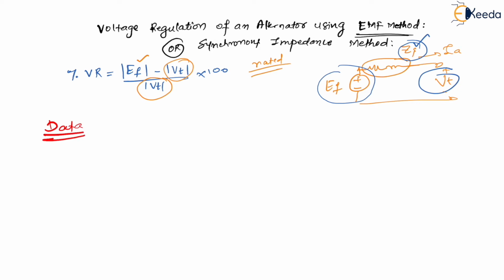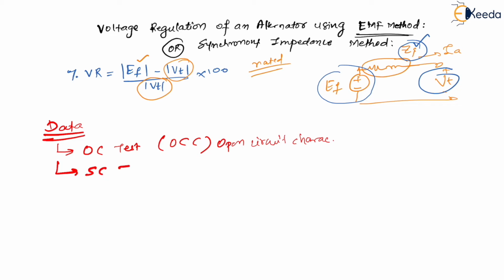First, the OC test data, the open circuit characteristic, OCC. The second thing we need is the SC test, which will give you the short circuit characteristic, SCC. We will see them later, don't worry. Just focus on these parameters.